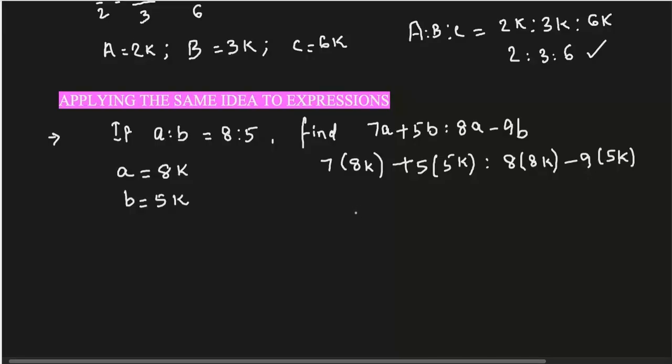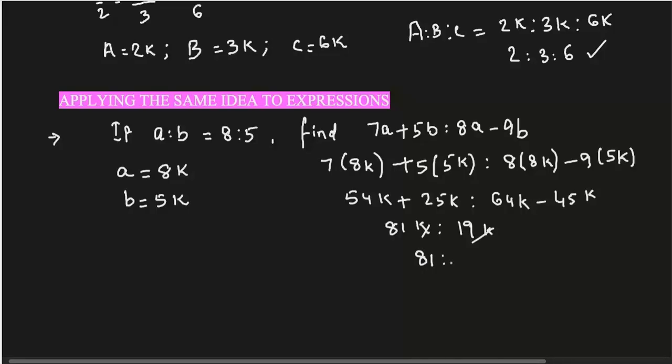So what happens here? 54k plus 25k is to 64k minus 45k. So this becomes 89, 81 is to 19. So this k gets cancelled. 81 and 19 are in the lowest form. So this is the ratio of 7a plus 5b is to 8a minus 9b. This is the ratio you have got.